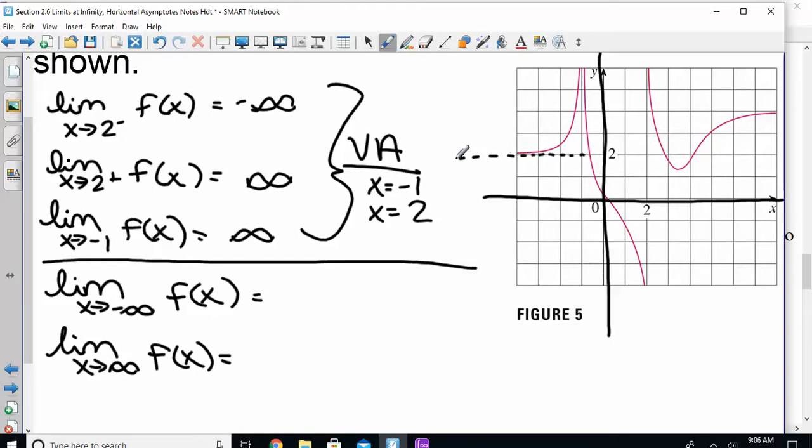You see this is flattening out at a y value of 2. So as my x goes to negative infinity, my graph is going to 2. As x goes to positive infinity, is it approaching anything? 4. See right here.